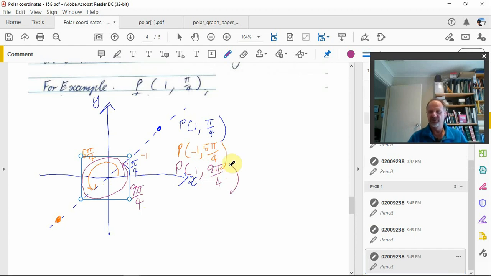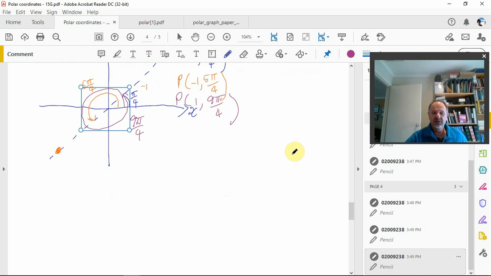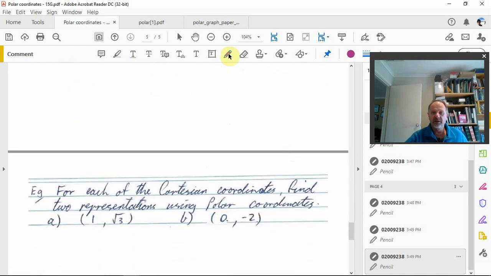So when we say non-uniqueness, all it means is that it's possible to describe a point on the polar coordinate system in a number of different ways. More often than not, we just use the first one, but there are others as well that we could do. So, a couple of examples, and then that would be it for today.